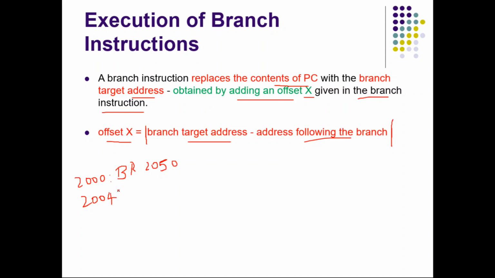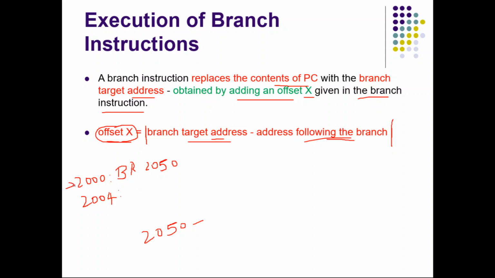Now, how do we get the target? What is the offset here? Branch target address minus the address following the branch instruction. What is the branch target address? 2050. Minus the address following the branch instruction.